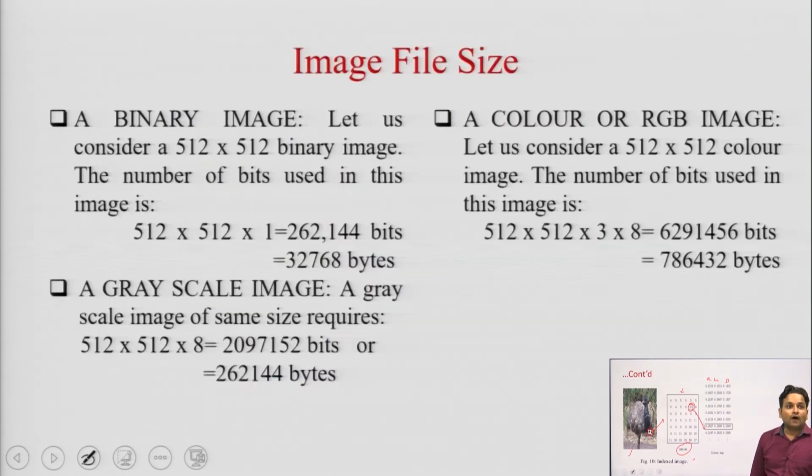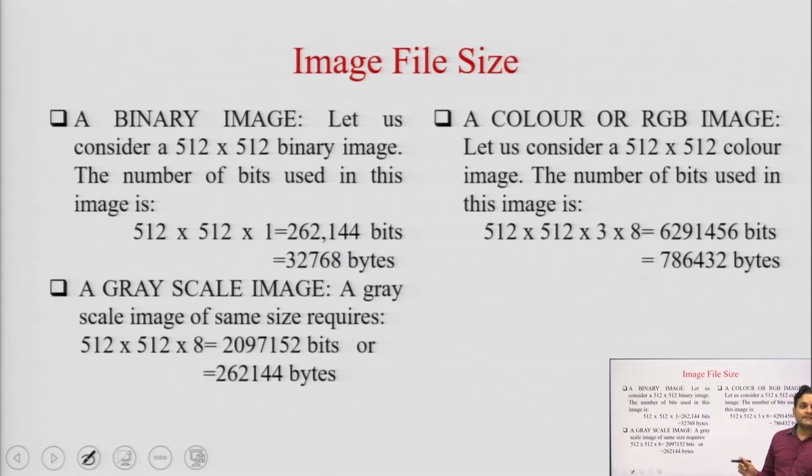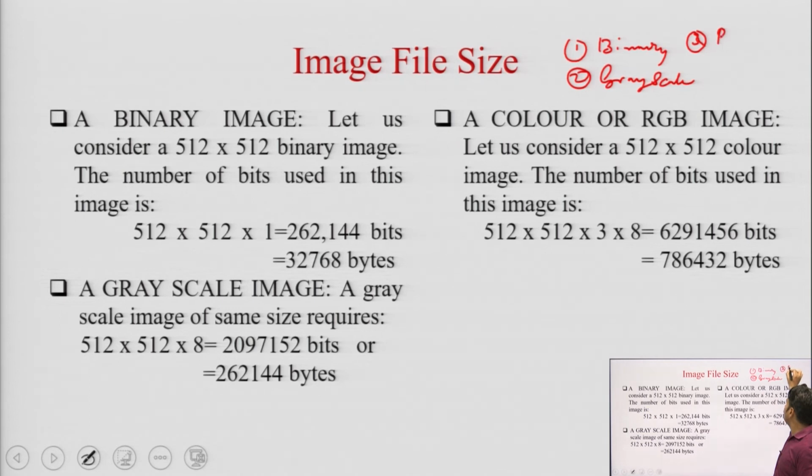Now, come to the image file size. We have already talked about the binary image. First one is the binary image, second one is the grayscale image, third one is the true color image, or we can say RGB image, and fourth one is an indexed image.